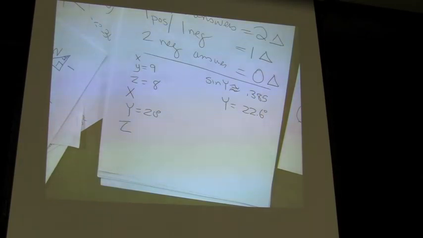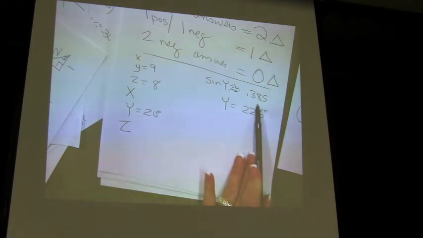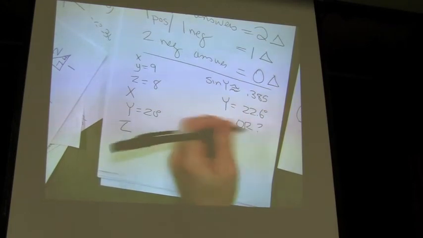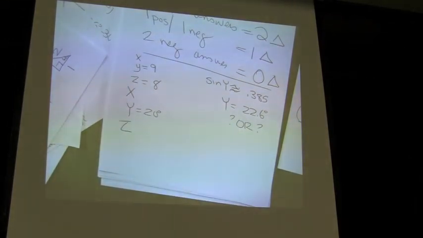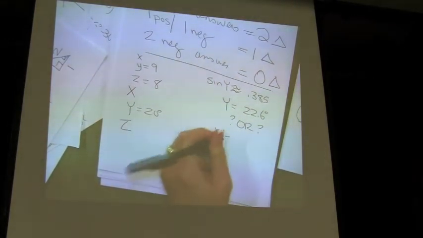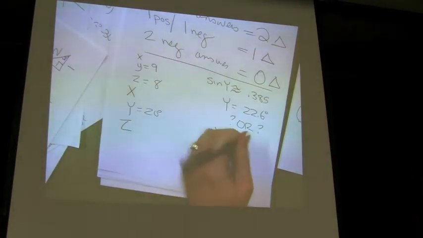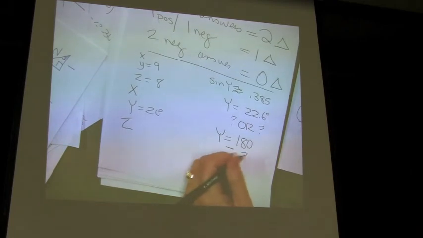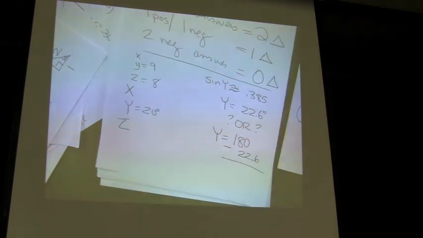But our calculator won't tell us about the obtuse angle that also would have its sine being 0.385. At this moment is when you find out for yourself. You do 180 minus whatever angle you just got.